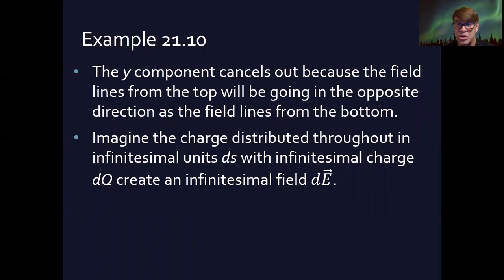Now, let's imagine, as I've said, that the charge distributed throughout this ring is distributed in infinitesimal little units of distance, ds, with infinitesimal charges, dq, not Dairy Queen, creating infinitesimal little fields, dE. It's a little calculus there.